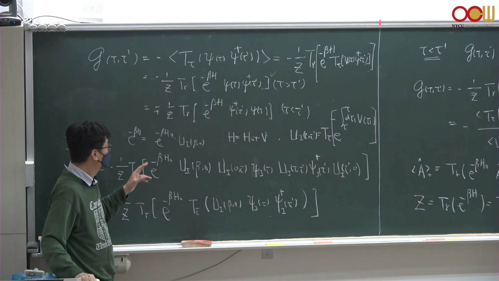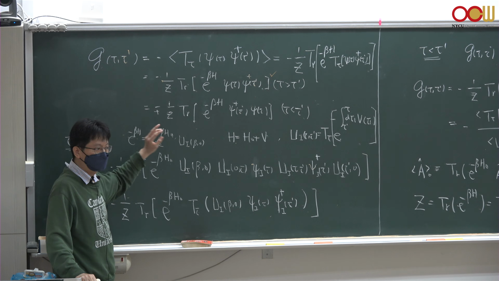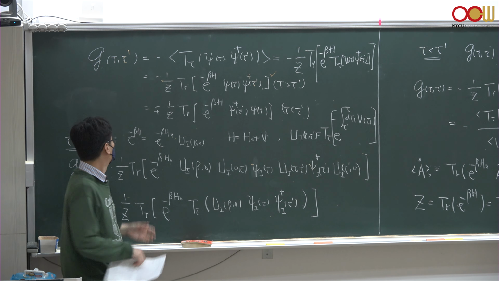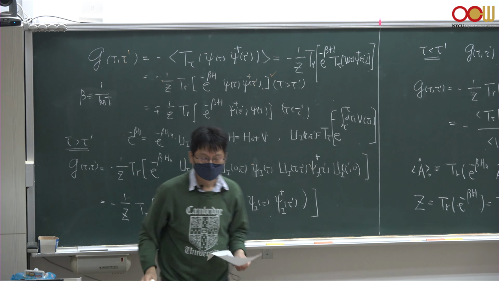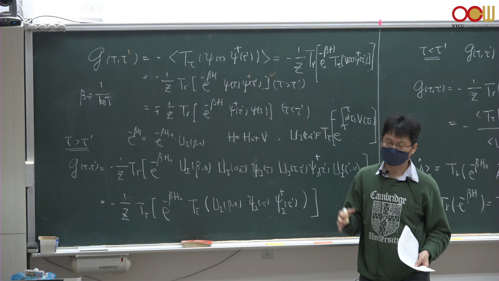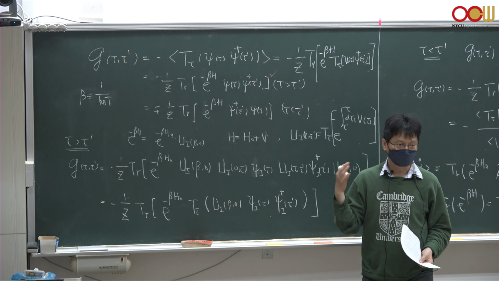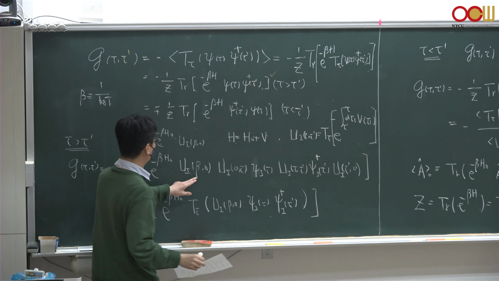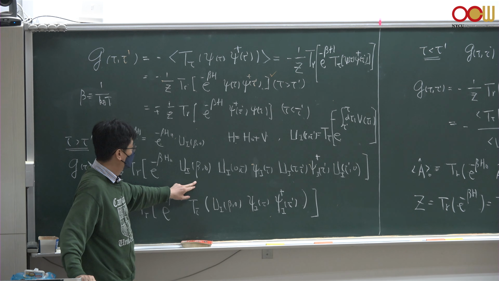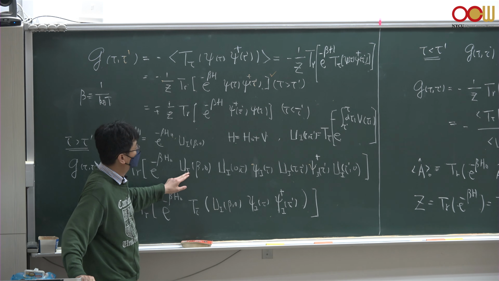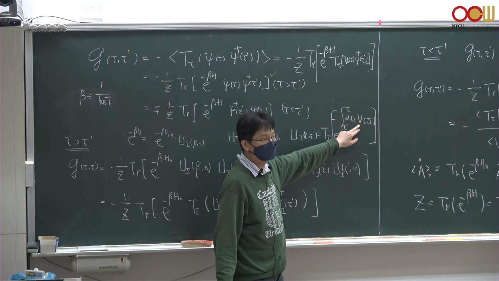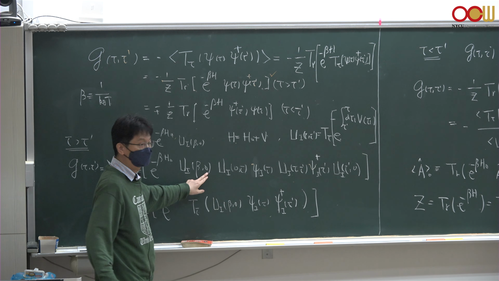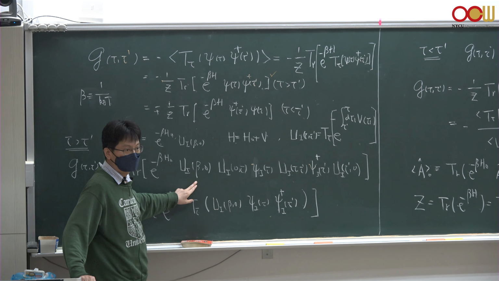Good. So remember now this inverse temperature beta, which is 1 over kBT, in this formulation is understood in terms of imaginary time, right? So this U_I(beta, 0) refers to the fact that you get integration of this V potential term from imaginary time 0 to imaginary time beta.